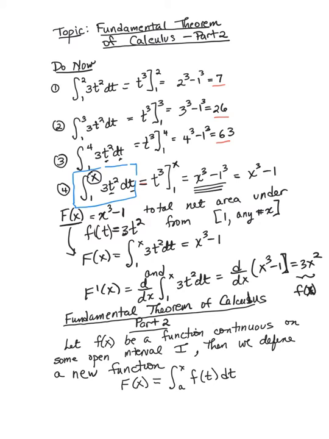And this new function accumulates area under the graph of f on the interval from a to x. Okay, so this function, we input the x value and out comes the area under f from a to that input.